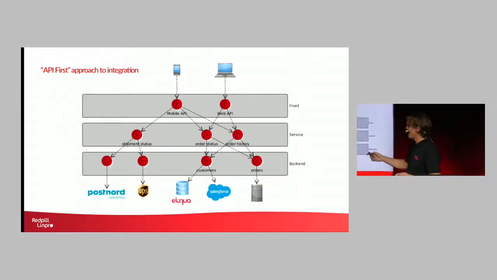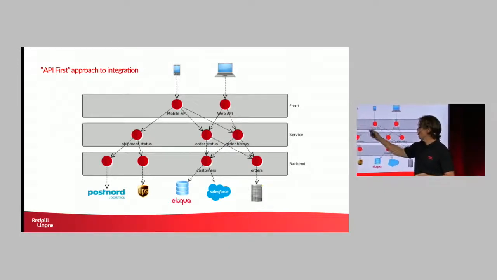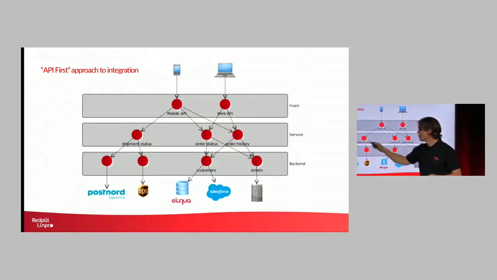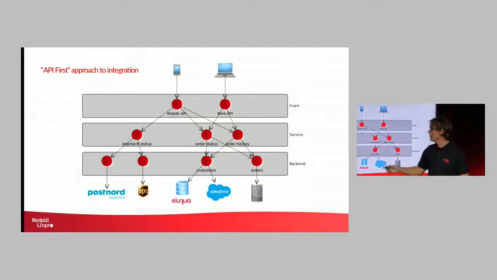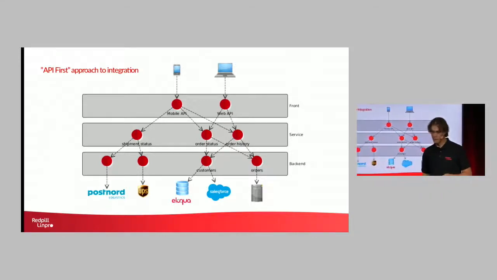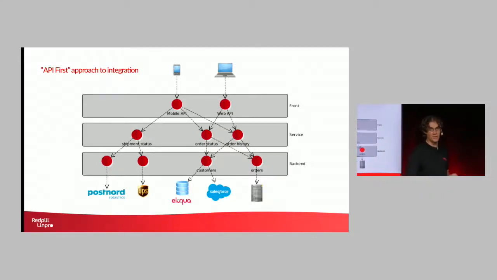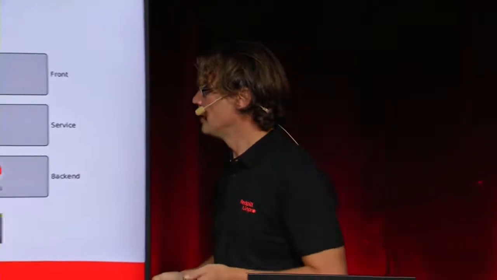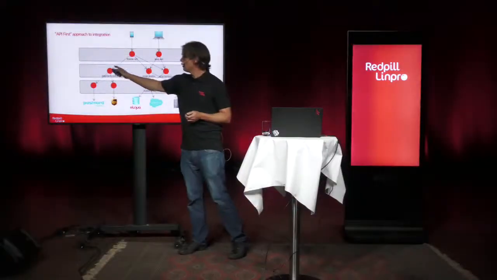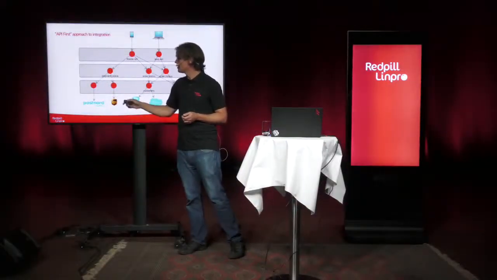We can then also add, so the mobile app should always also be able to show shipment status from one of our logistic partners. So in this case, we can build a service layer where we can get the shipment status.